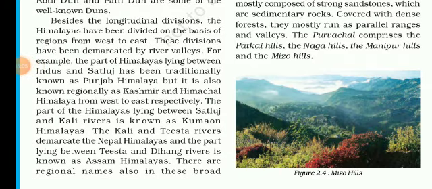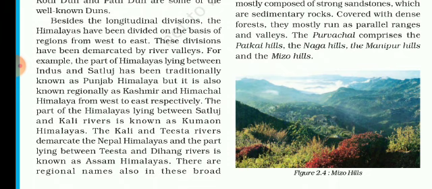Regional division of Himalayas. The Himalayas are also divided on the basis of regions from west to east. This demarcation is done by river valleys, that is the Indus, Satluj, Kali, Teesta, and Dihang rivers.